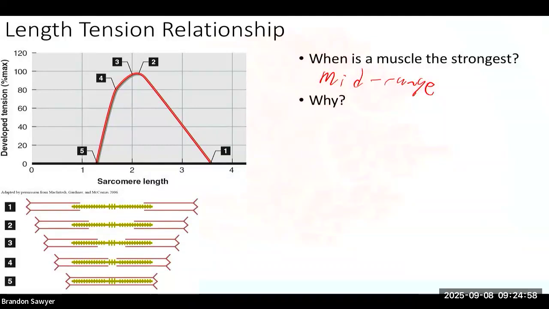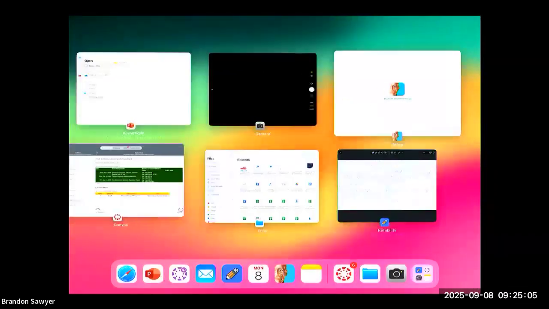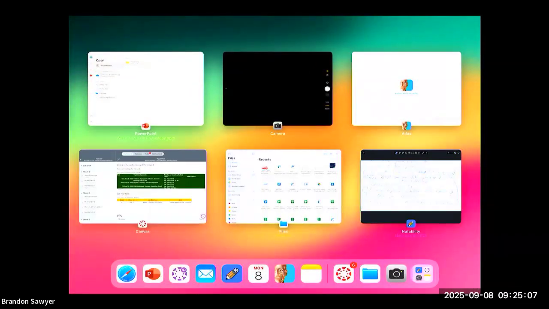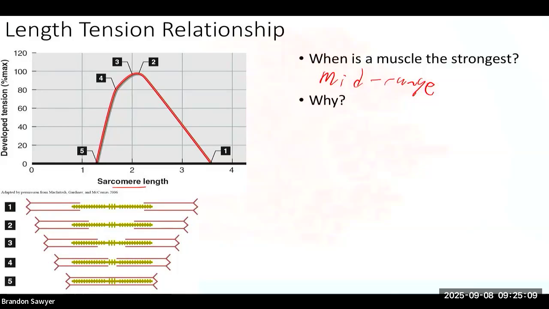Okay, and the reason for that has to do with our sarcomeres right here. So here's our myosin with all the little heads sticking out, right? These represent the actin. Okay, these numbers correspond with the spots here. So 1 is actually over here, right? 5 is right there. Okay, so when a muscle is all the way lengthened already, that would be number 1 here.